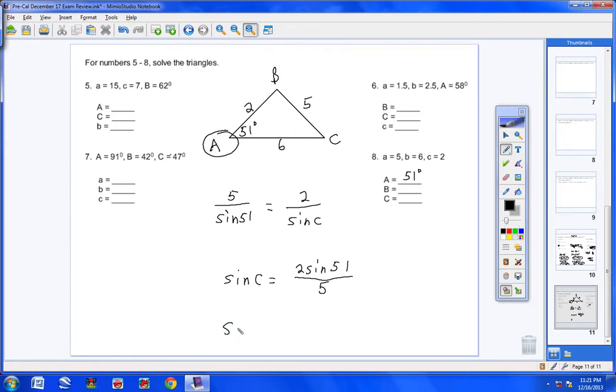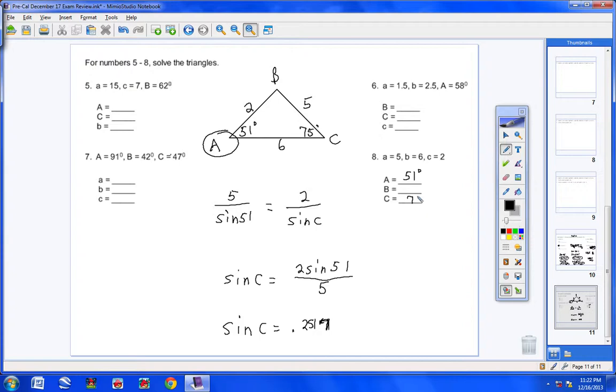And so if you type that into your calculator, you're going to end up with a decimal. Sine of C equals 0.2517, and if you type that into your calculator correctly, you will get 75 degrees for C.